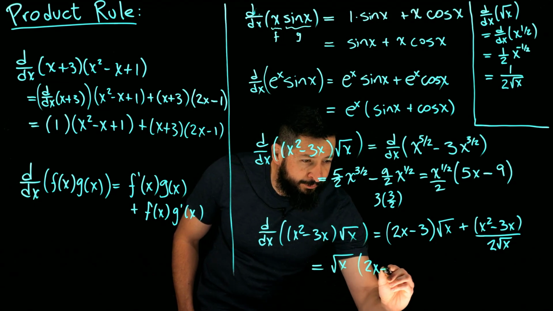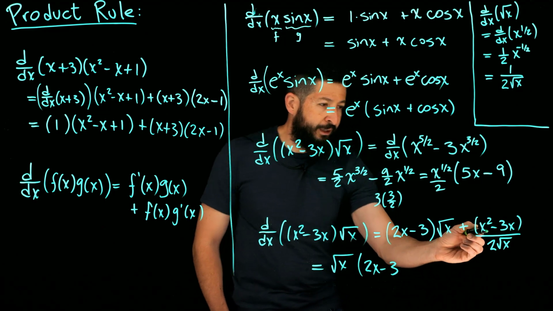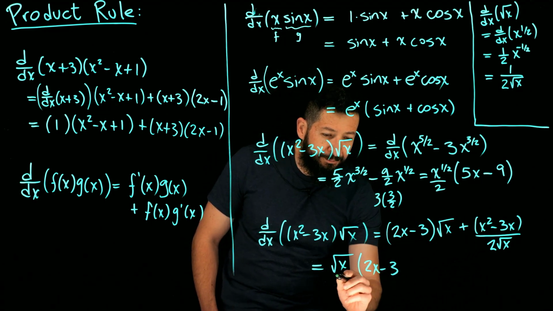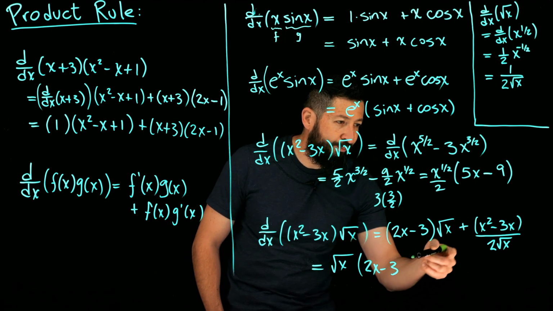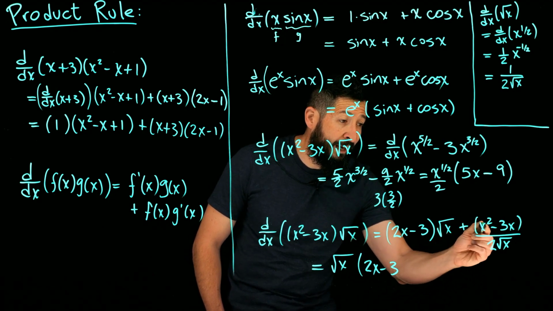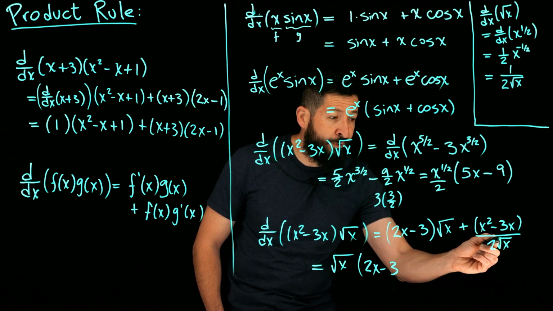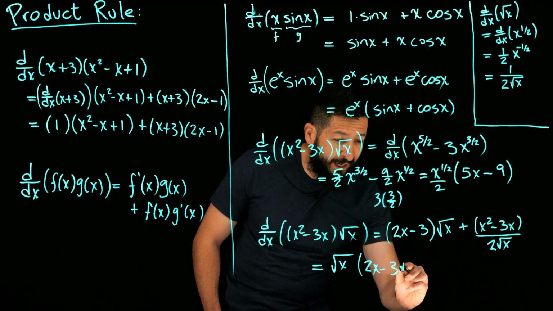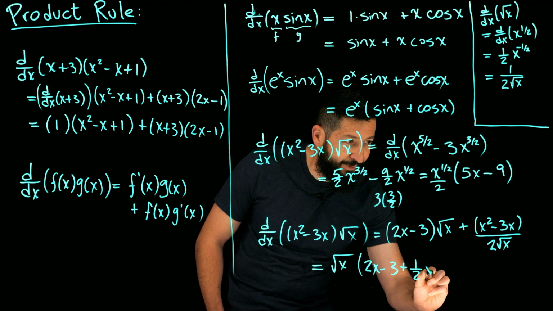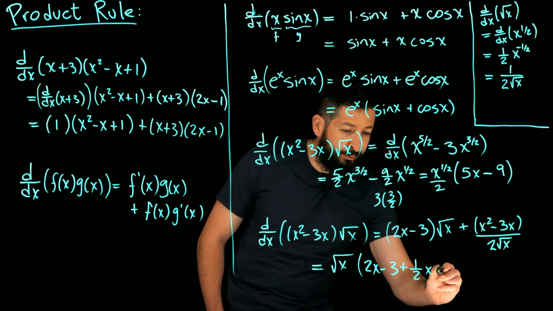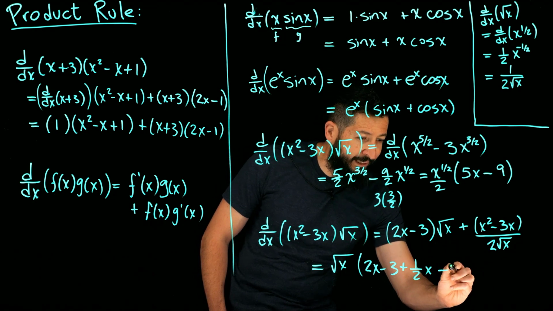I copy this one. And then here, I'm going to have to put a 1/2 with it. But the x squared over square root of x is going to correspond to a 1/2 of x. And this right here is going to correspond to the -3 at the end.